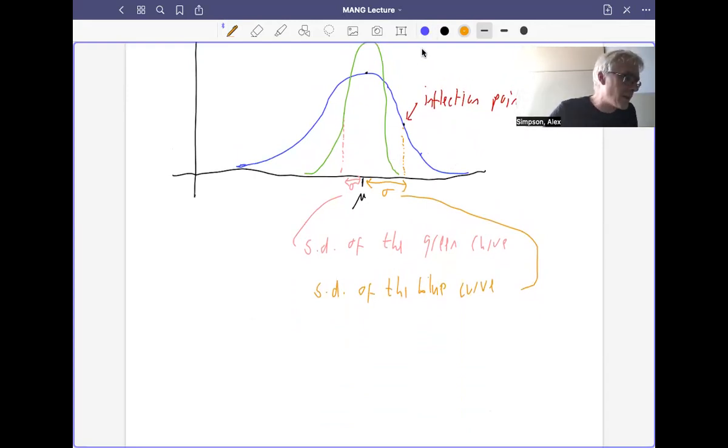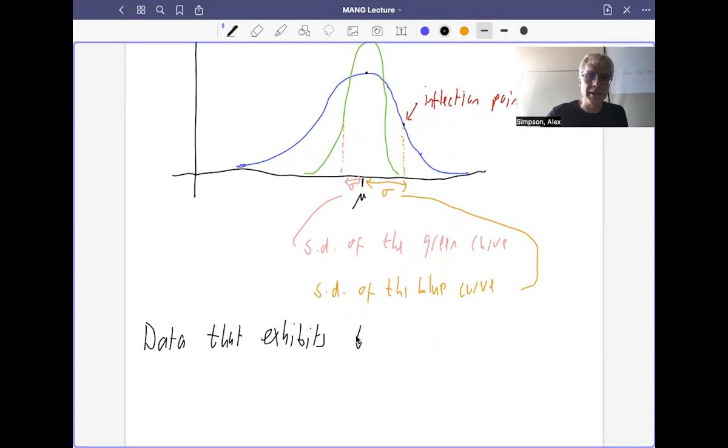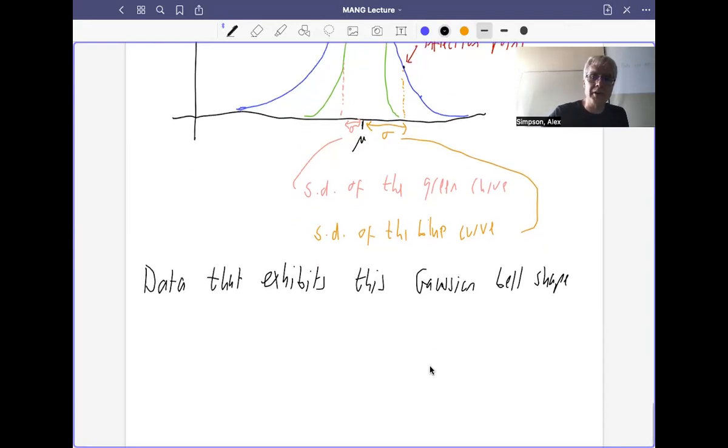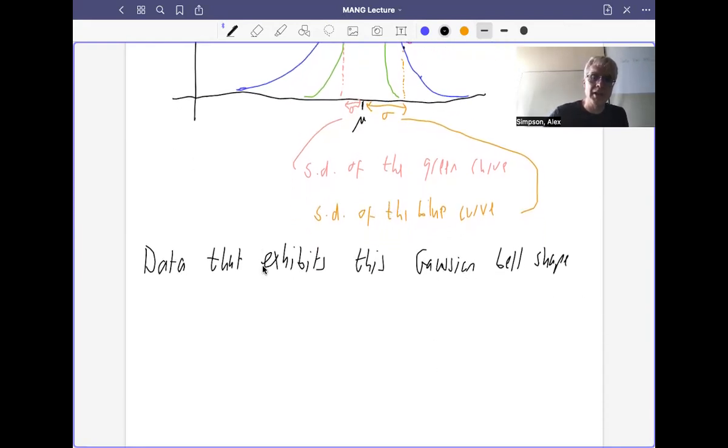So data that exhibits this typical bell-shaped curve, one often gets this shape or a shape close to it, and as I said, for good mathematical reasons. Data that exhibits this Gaussian bell shape is a very important kind of data because it often occurs.